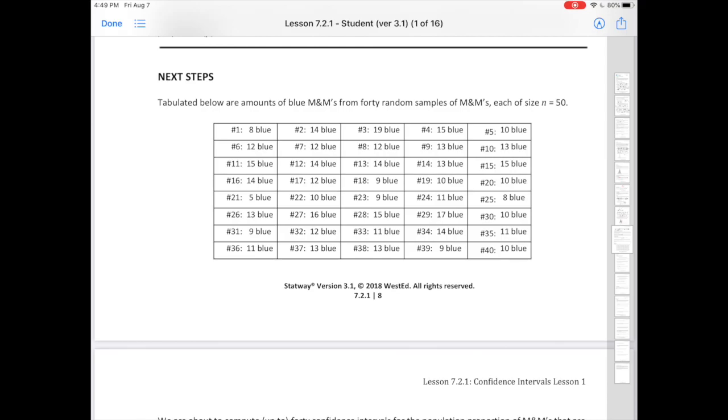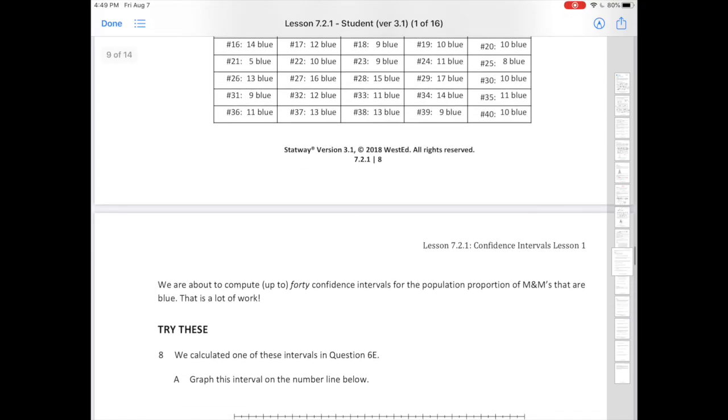Sample number 18, out of 50 M&Ms, 9 of them are blue. Or let's look at a higher one: for sample number 27, 16 of them are blue, or sample number 29, 17 of them were blue.